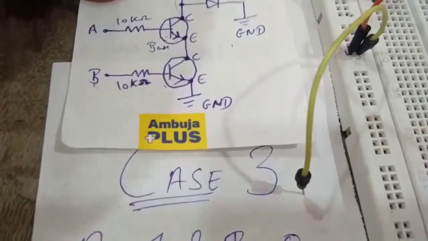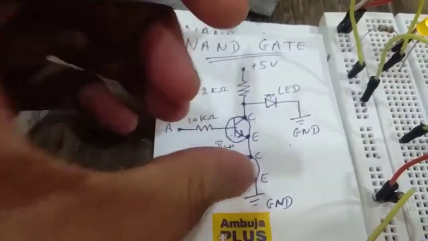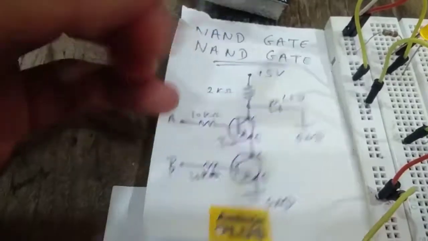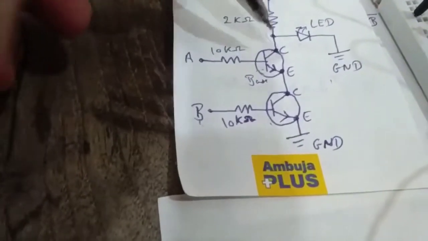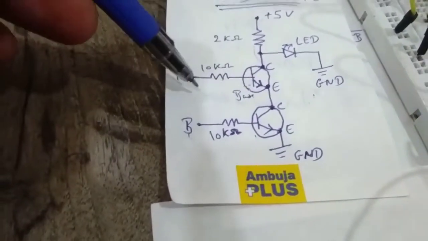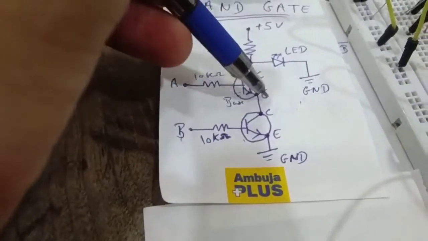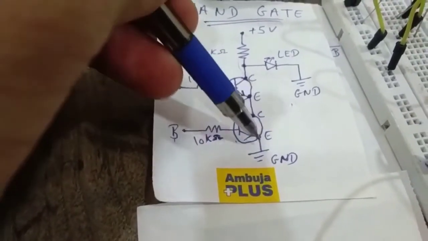What happens here is the 5-volt supply passes from this point to the LED, because A is high, so there is a connection between collector and emitter, but B is 0, so there is no connection between collector and emitter here.